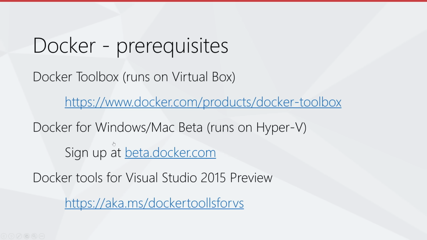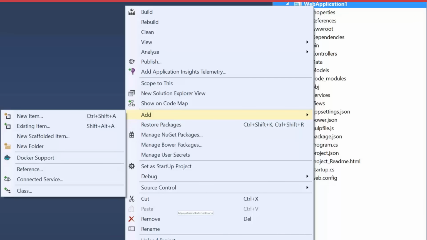One really cool thing, if you're new to Docker and Docker deployment, you can use Visual Studio Tools for Docker. It's in preview, of course, but you can get it from the Visual Studio Gallery. After you install the tools, what you get is Docker support.